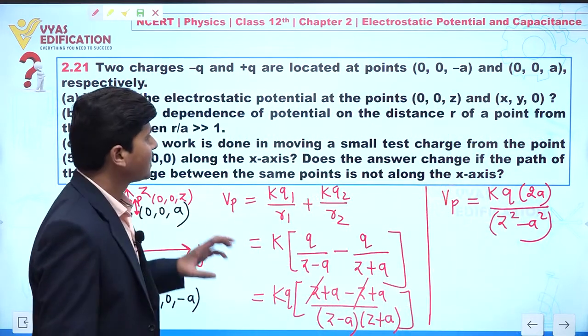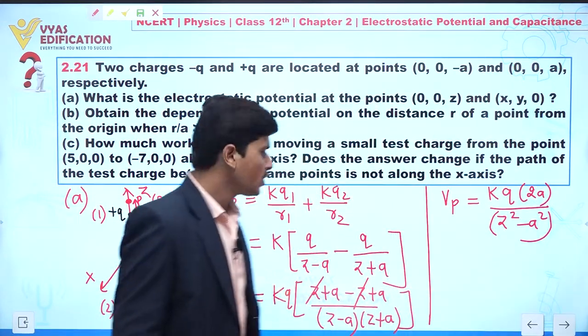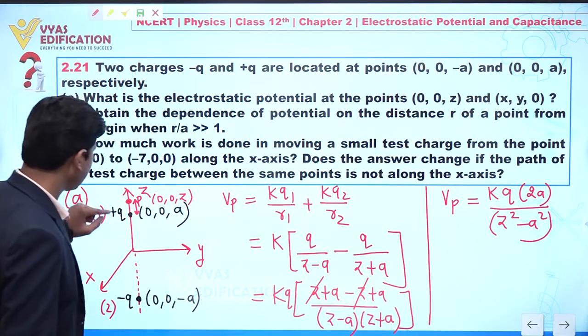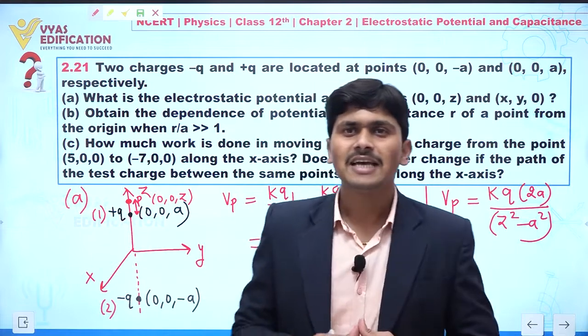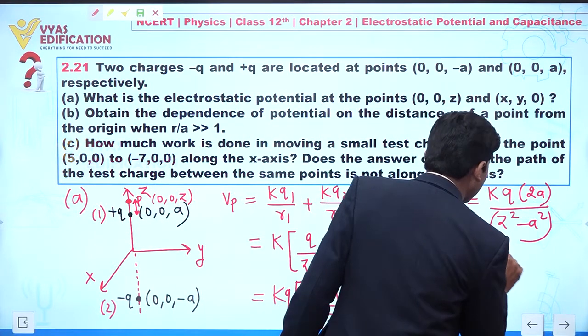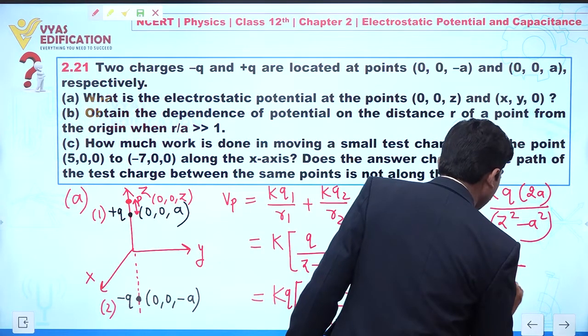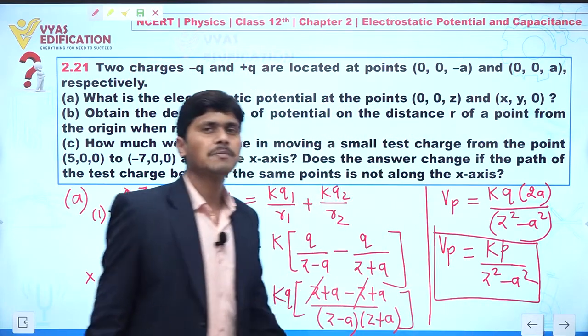Q multiplied by 2a is the electric dipole moment, so we can write Vp equals K P over Z square minus a square. So this is the value of the electric potential at point P.